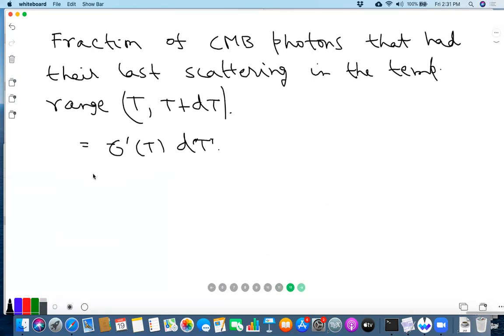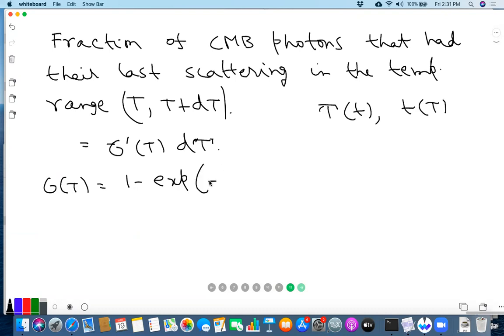Okay, so now we can easily calculate this. So O of T, we had this formula, it's 1 minus exponential. We should keep on thinking of the T and t as interchangeable. So T is a function of t and small t is a function of T, so you can just go back and forth between these. So exponential minus integral t to t naught. Let me just ignore the Compton scattering for now, but we can always put that in.